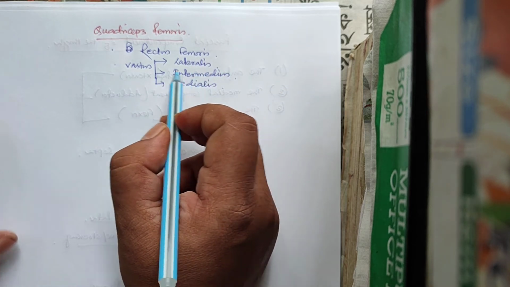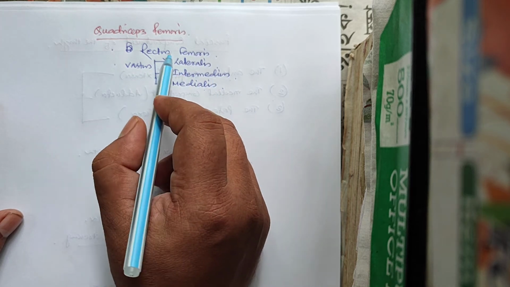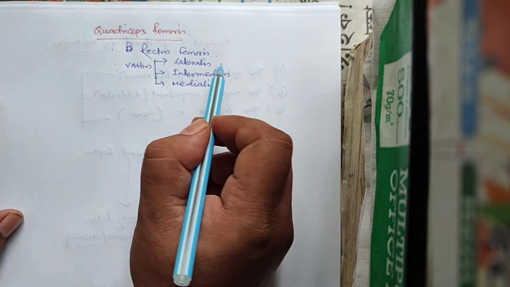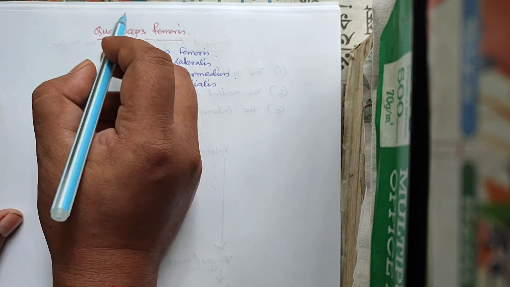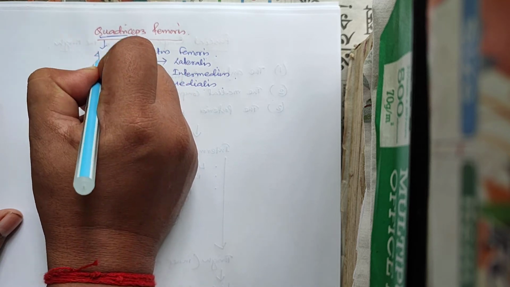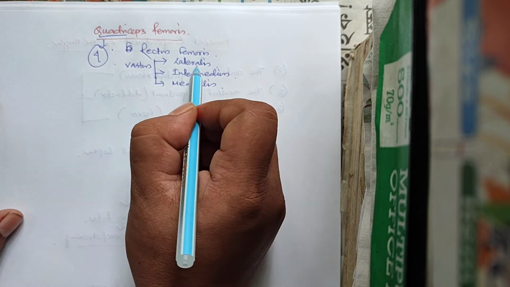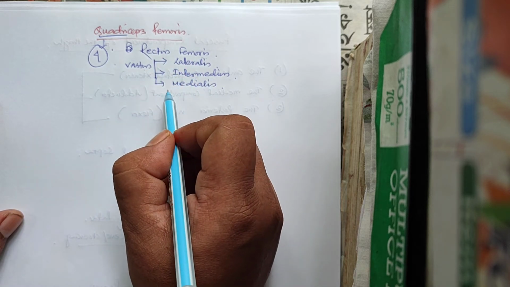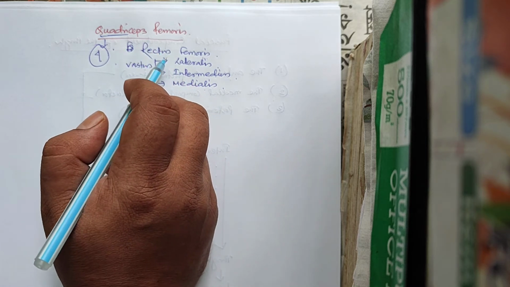So we have four muscles: vastus lateralis, vastus intermedius, vastus medialis, and rectus femoris. For this reason it is called quadriceps femoris. Quadri means four.